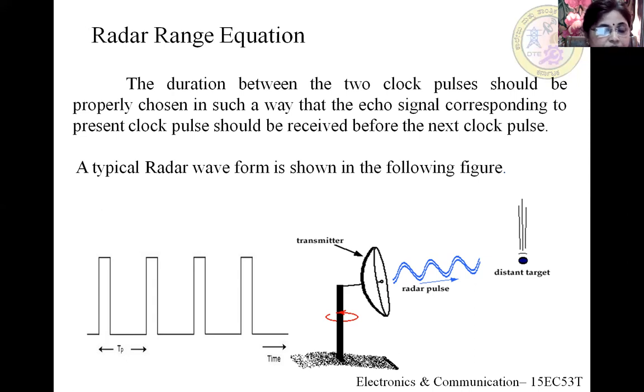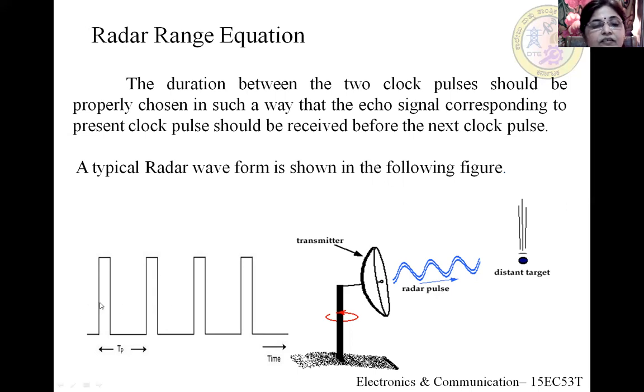This pulse repetition time determines the maximum distance to the target to be measured. So the duration between the two clock pulses should be properly chosen in such a way that the echo signal corresponding to the present clock pulse should be received before the next clock pulse.